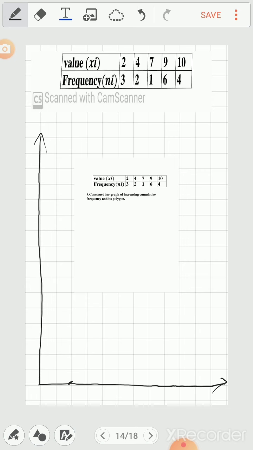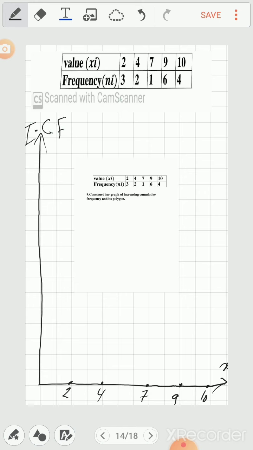So now 2, 4, 5, 6, 7, 8, 9, 10. Now these are the modalities. Now the increasing cumulative frequency, ICF.